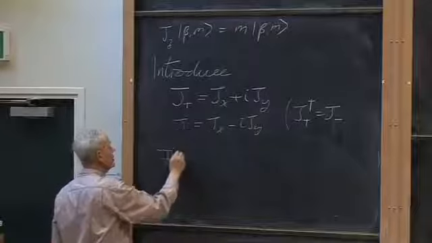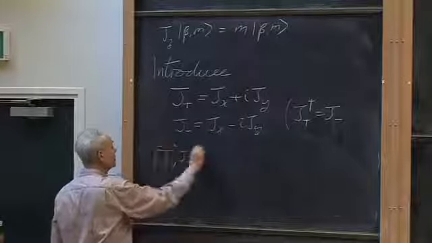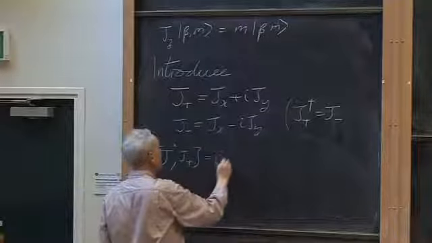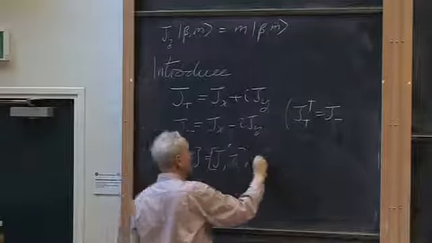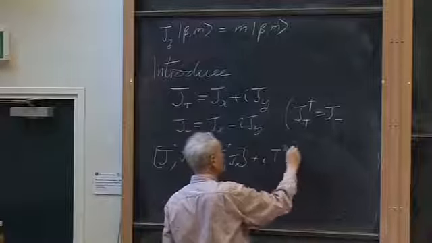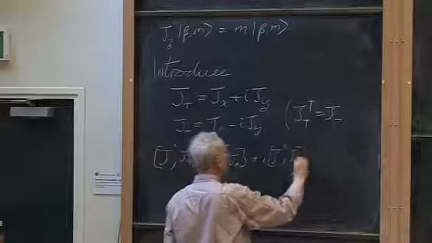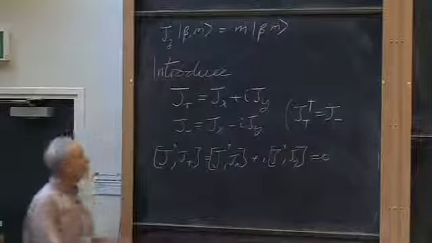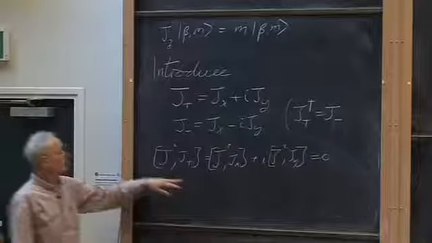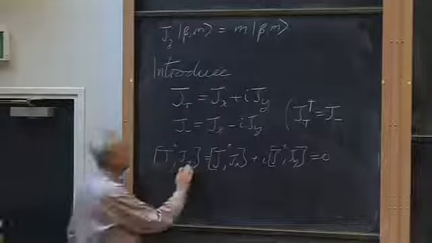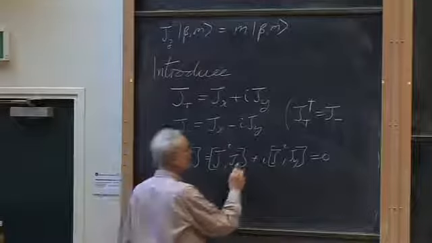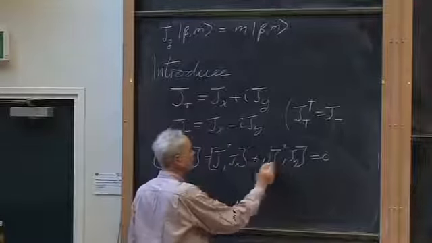We have that J squared on J plus is nothing but J squared comma Jx plus I J squared comma Jy, which is nothing, because this vanishes and this vanishes, right? So J squared commutes with J plus, and of course it commutes with J minus as well, right? So this is plus or minus, it vanishes.